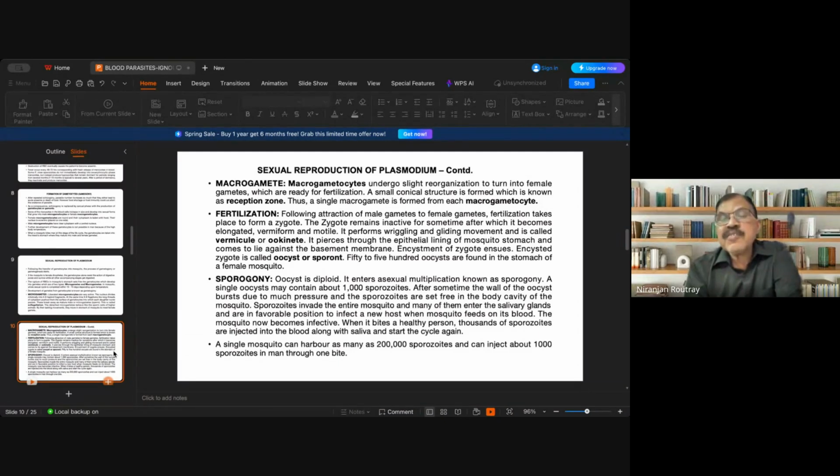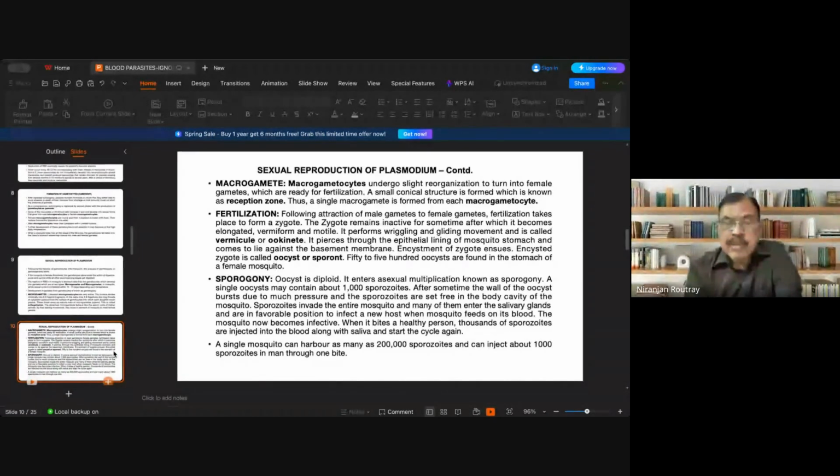It enters asexual multiplication known as sporogony. This sporogony leads to the formation of 1000 sporozoites, and after some time the wall of the oocyst bursts due to much pressure, and the sporozoites are set free in the body cavity of the mosquito.